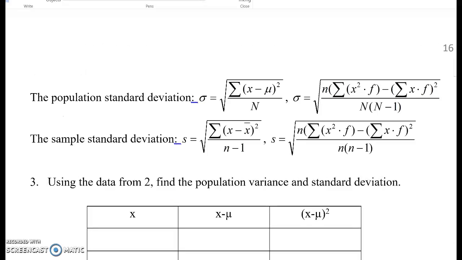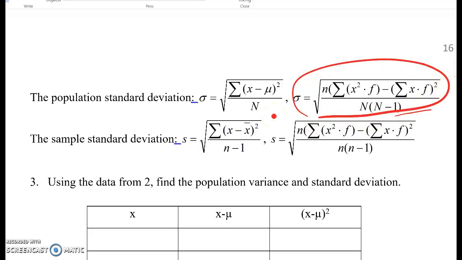Now, the population standard deviation. The notation is sigma, which equals the square root of the variance. The other formula: sigma equals the square root of n times the sum of each entry squared times frequency, minus the square of the sum of x times f, over n times n minus 1, as you see here.